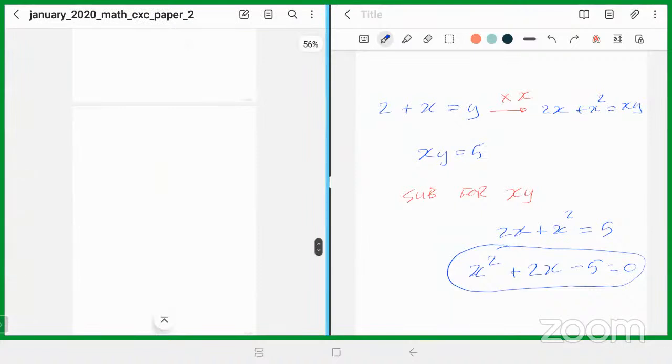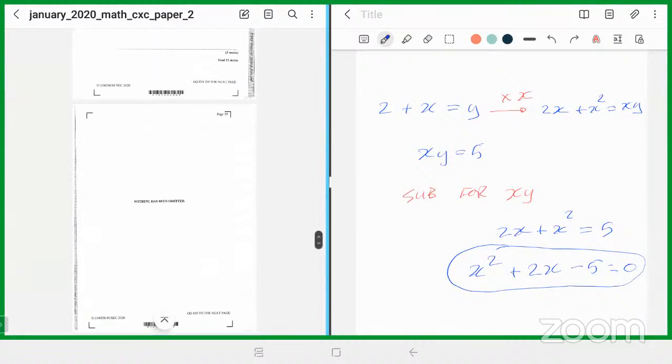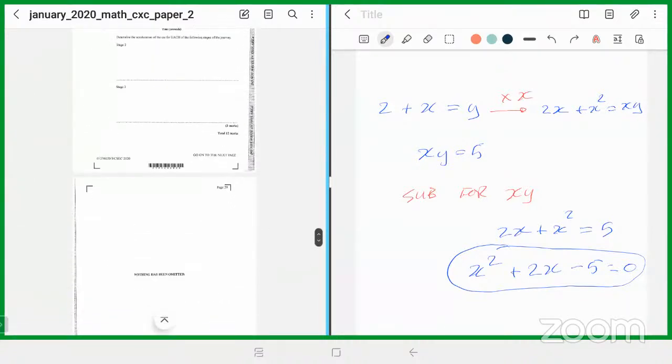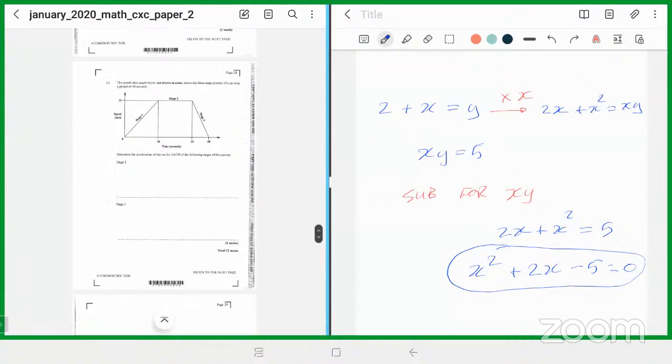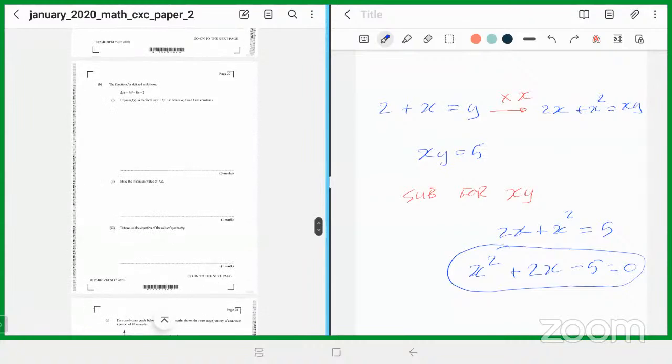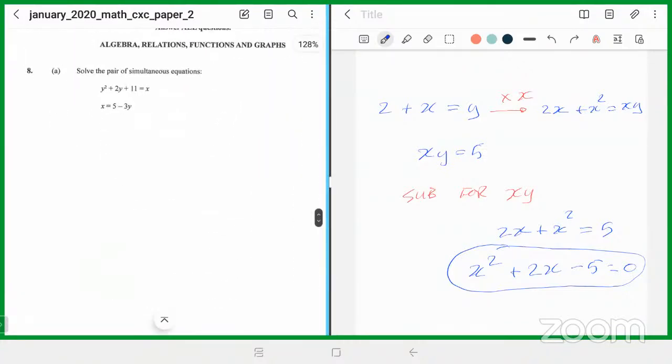We can maybe do one last quadratic question to finish off, since it's the last of the quadratics for now. Let's look at this one, guys.